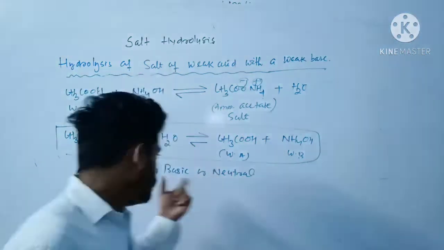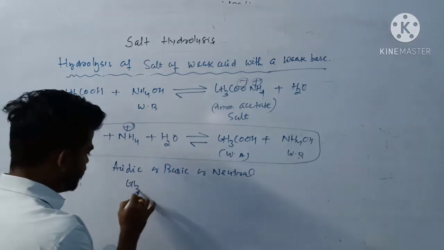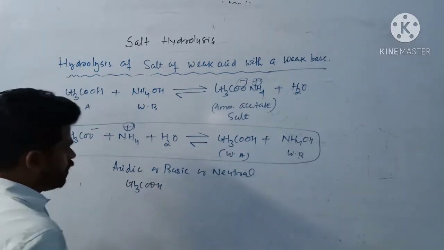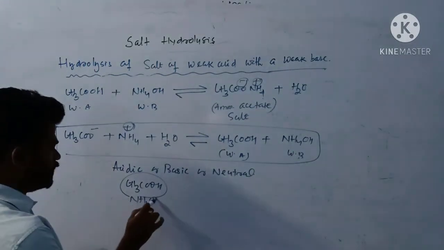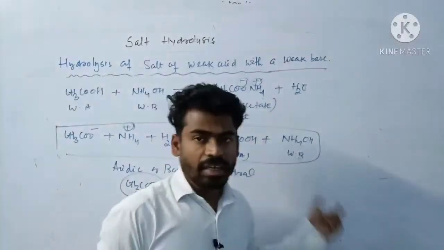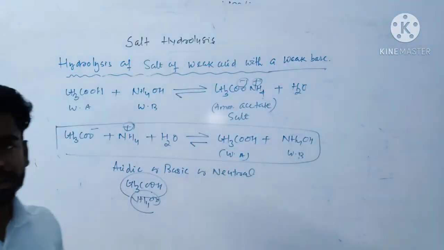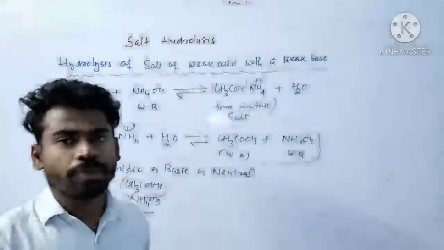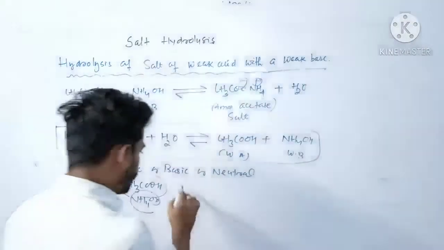In this case the weak acid, that is acetic acid, and the weak base, that is NH4OH, both have the same strength. That's why the resultant salt solution is found to be neutral in nature.